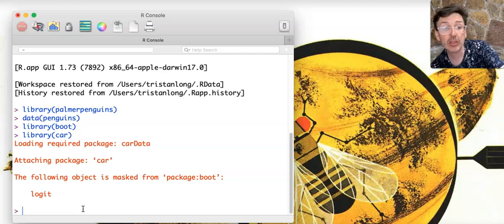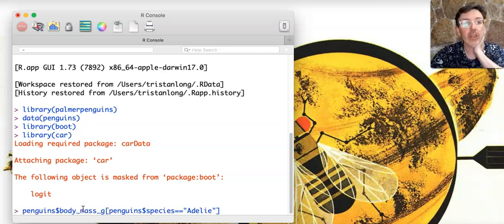So to take a look at this data, we would use our data frame called penguins, the variable called body mass, and then we're going to subset in here saying only those cases where the species is equal to Adelie. I could use my head function or my names function to see the names of all those columns, and then levels on species to find out exactly which of the options are. But let's just go ahead and say that I'm really interested in body mass of Adelies.